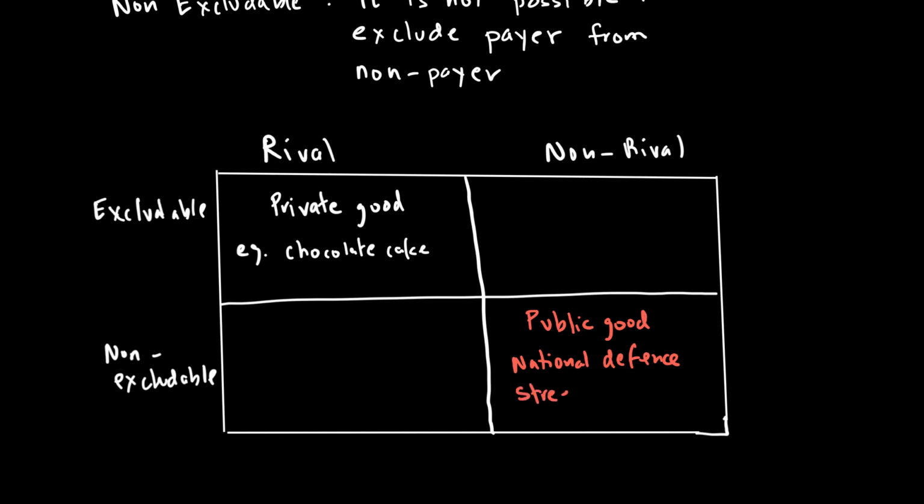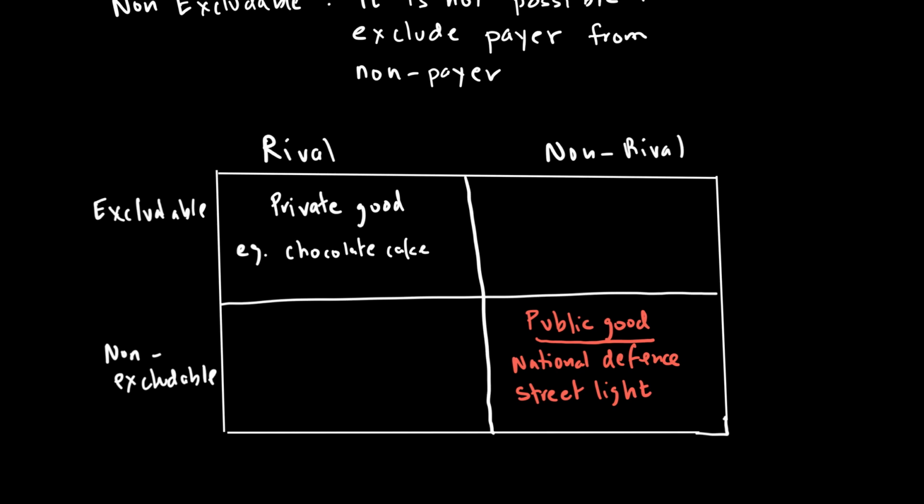All of these goods are public because they are both non-rival and non-excludable. Non-rival because consumption by one person will not leave less for another, and non-excludable because once you provide the good, it's difficult to exclude people from consuming it. You can't charge a price for it as a result.